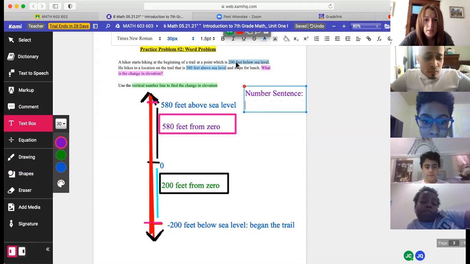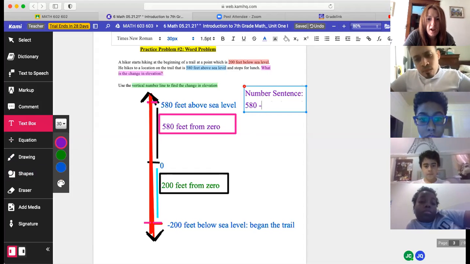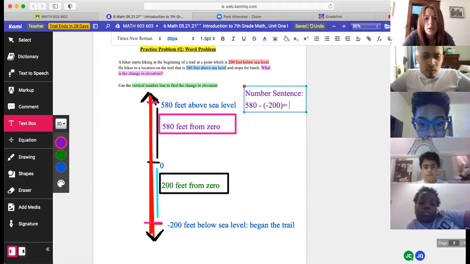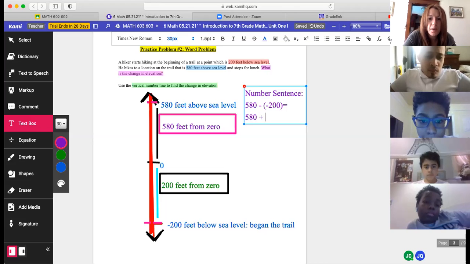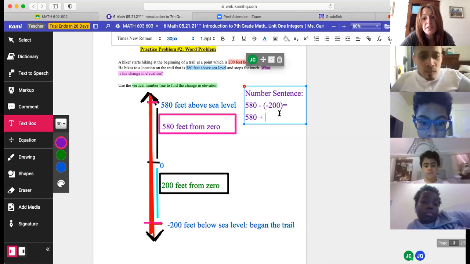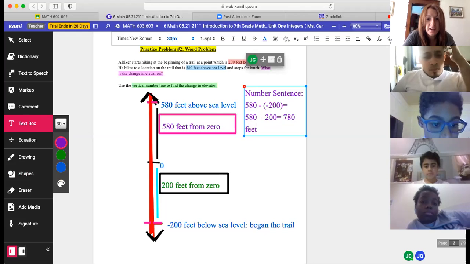So we know that we have 580, right? And then we are subtracting negative 200. So what that means is, in the video, if you remember the subtraction rules, we keep the 580, we change the negative sign into a positive because of the additive inverse, and then that negative 200 becomes the inverse, which is 200, which gives me a result of 780 feet.